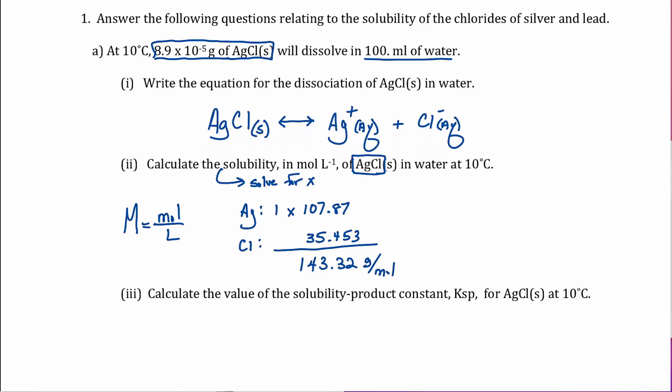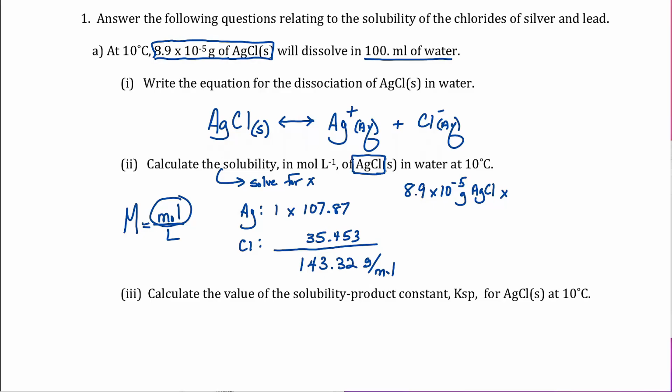Now we're going to get the actual moles, because that's, of course, what we need. So we're going to take the grams given, which is 8.9 times 10 to the negative 5 grams of AgCl.